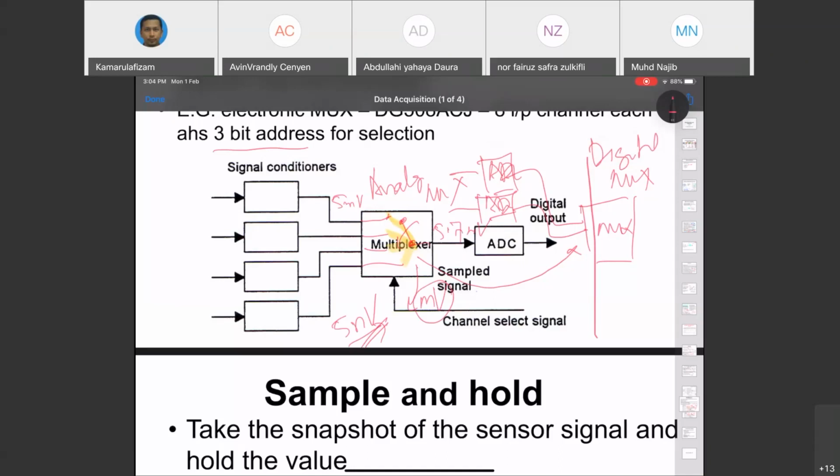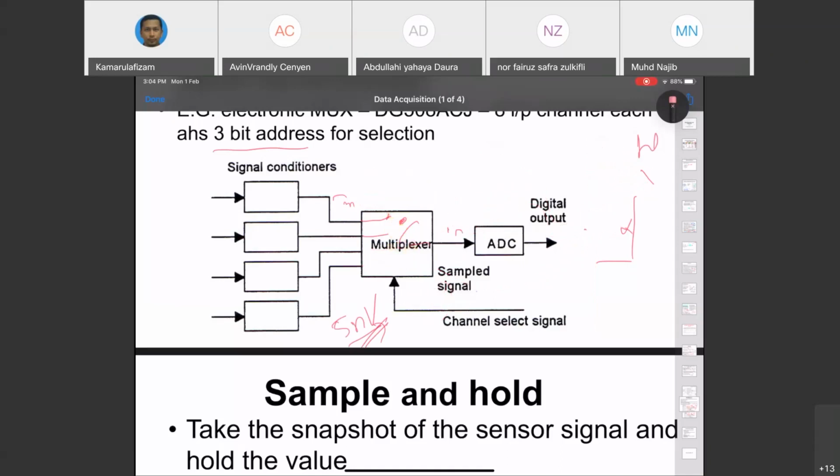If you work with a digital mux, which puts the mux on this side, after the ADC all you receive is 0s and 1s.